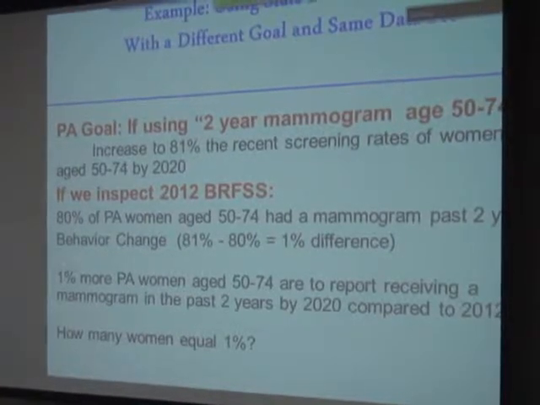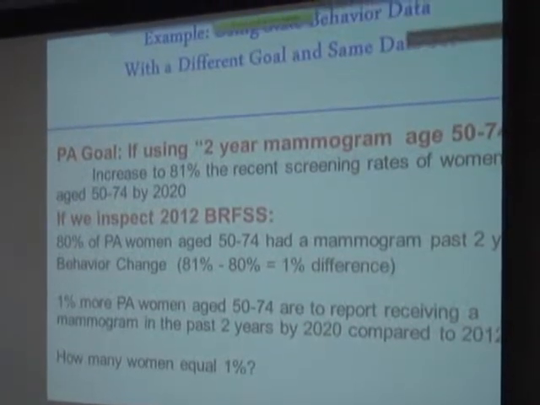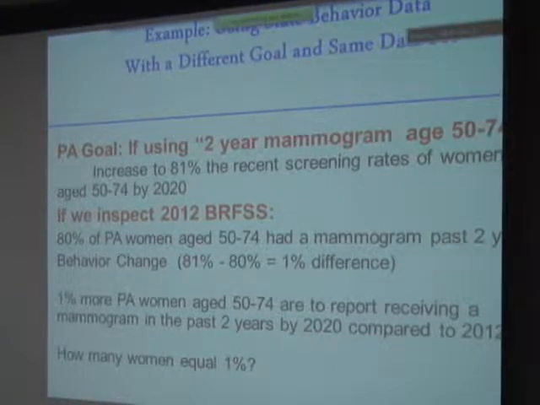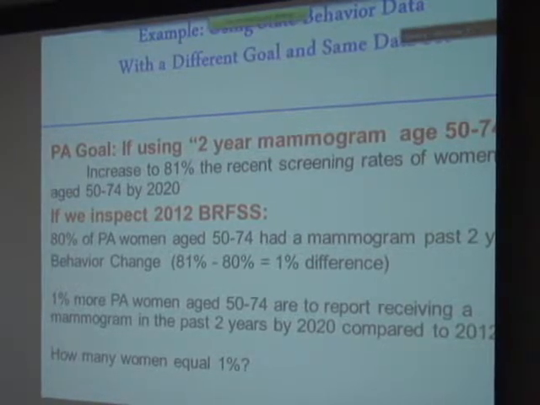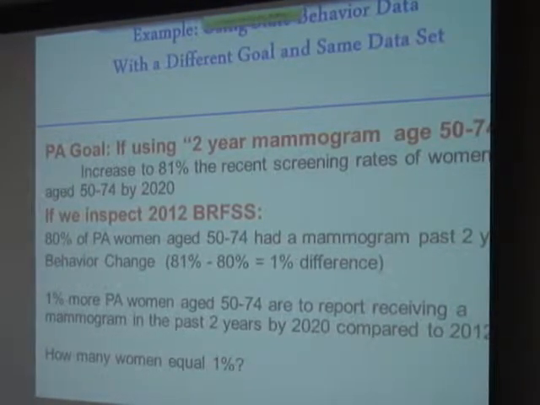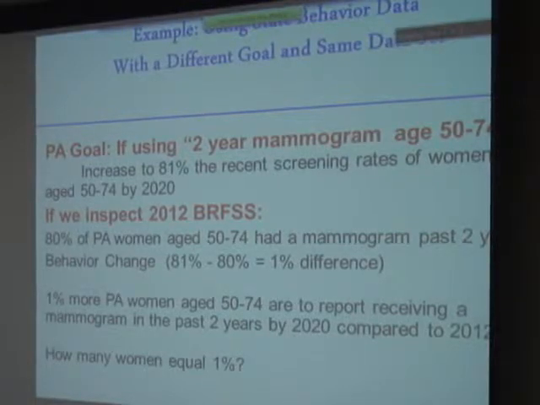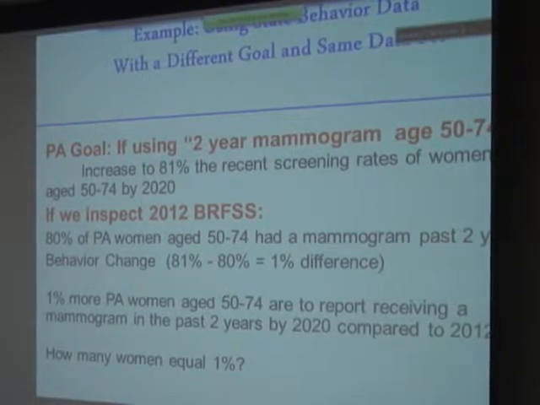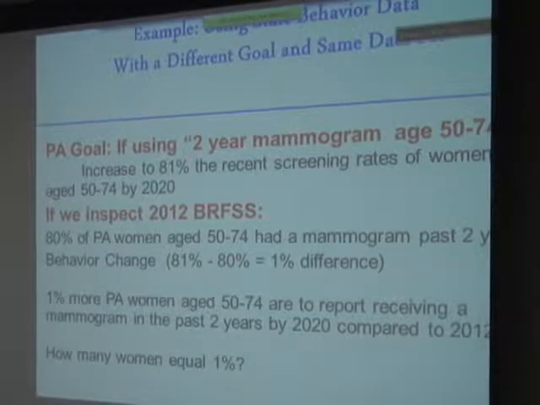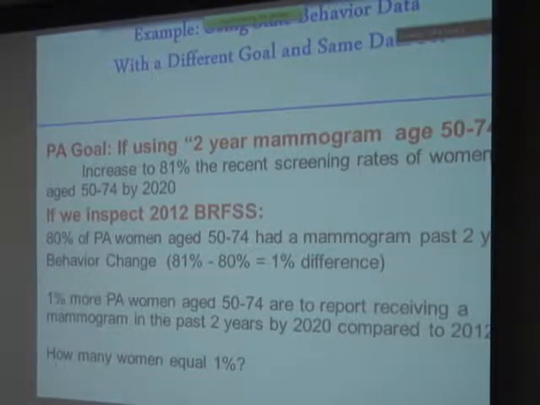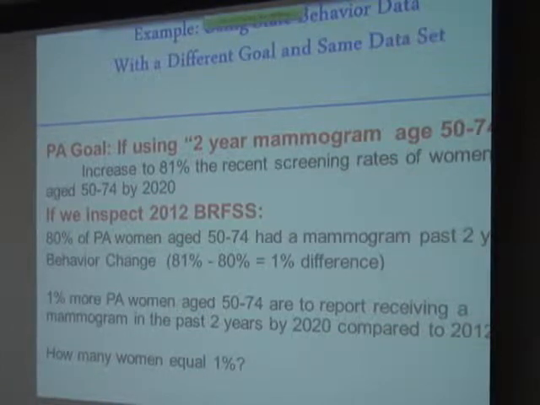Now, if you're using a different goal than annual mammogram 40 years and older, let's use the goal put out by the United States Preventive Services Task Force, which you also can find on the government websites and the CDC. If your goal is we want to see a mammogram every 2 years among women aged 50 to 74, that helps you think differently about your goal and the numbers, all right?